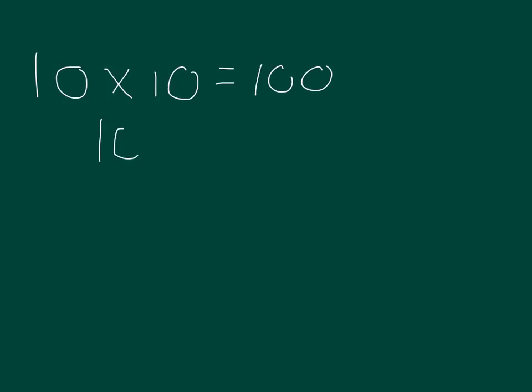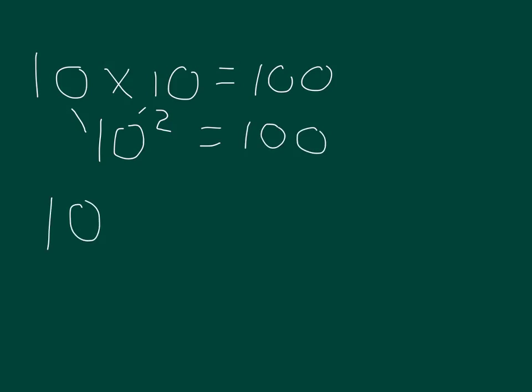So here's another way of looking at what we just did. We said that 10 times 10 equals 100. Another way of writing 10 times 10 is to use something called an exponent. We can write 10 times 10 another way by saying 10 squared. 10 squared really means 10 times 10, or 100.